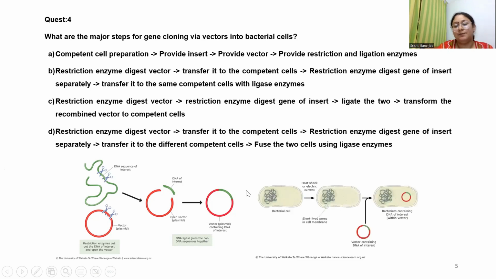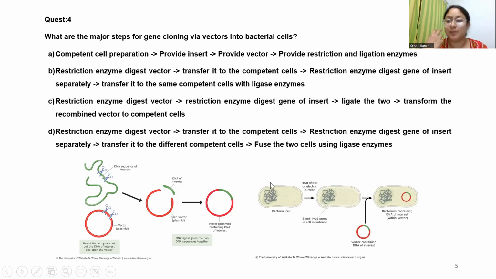Then you prepare your cells. Normally bacterial cells are not competent. Competent means having the ability to uptake a particular gene of interest or a vector. There's a process through which the DNA goes through the membrane and enters the bacterial cell.